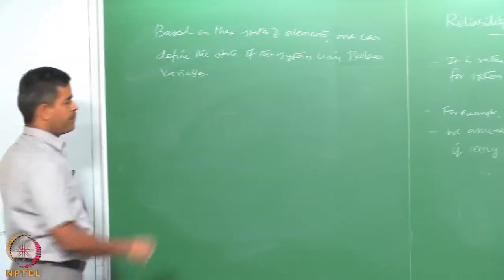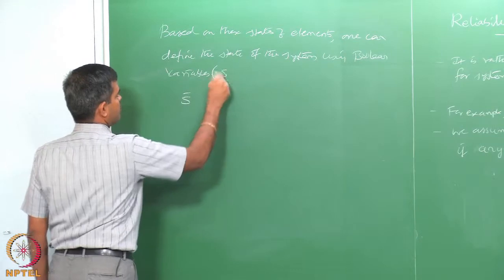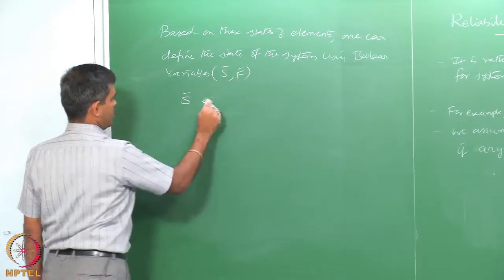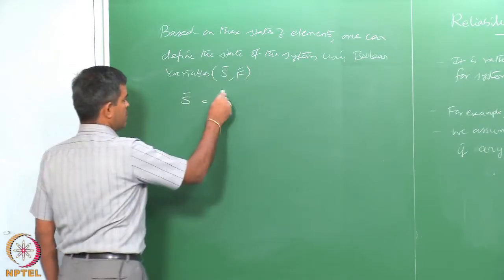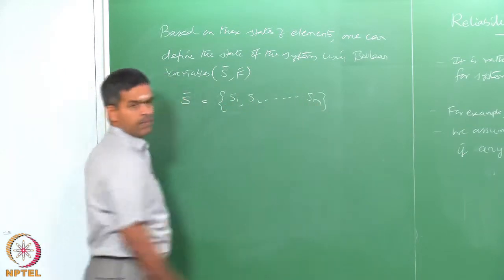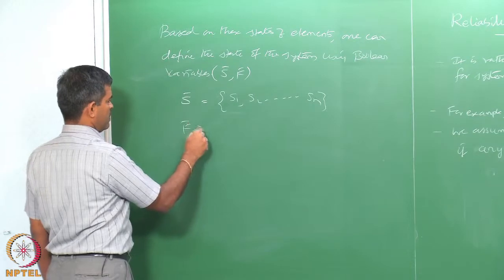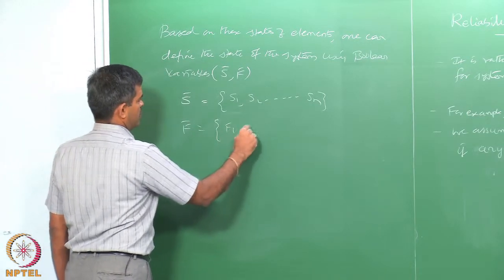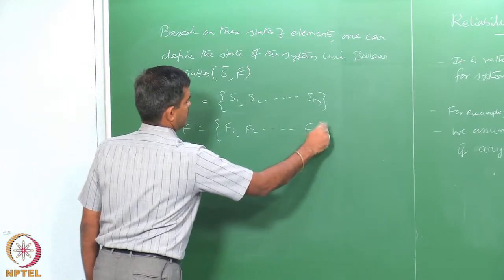Let us say using Boolean variables S bar and F bar. S bar is a set of S1, S2, Sn, and F bar is a set of F1, F2, Fn.